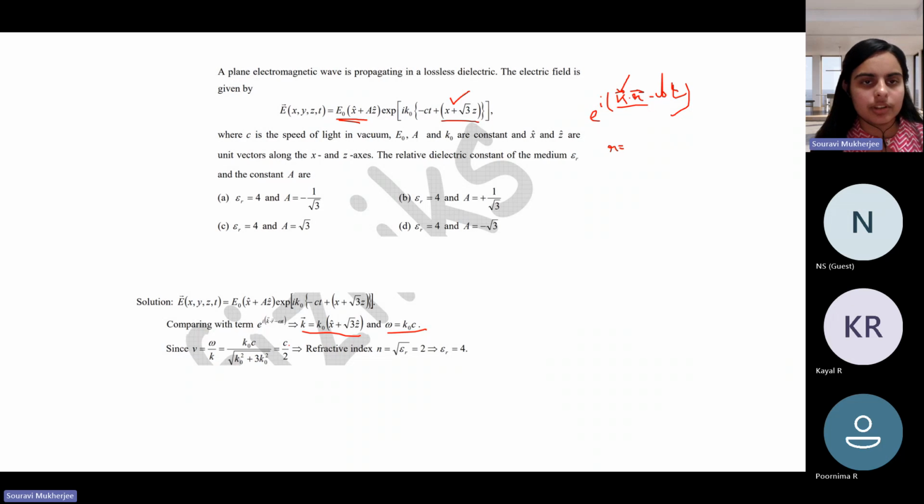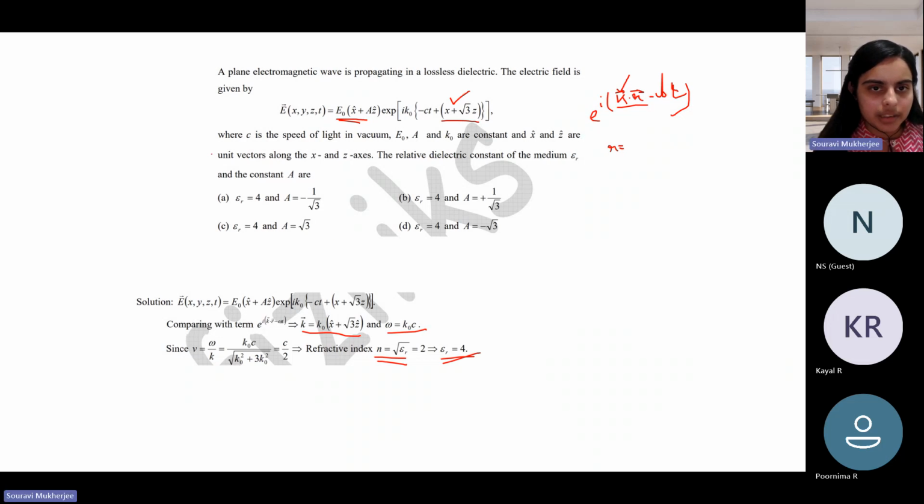So in some medium, the speed of light has reduced by 2. So then the refractive index should be 2, right? And how is the refractive index related to the dielectric constant? This is how it's related, right? n is equal to root over epsilon. So if you do that, you actually find the value of the dielectric constant, right?